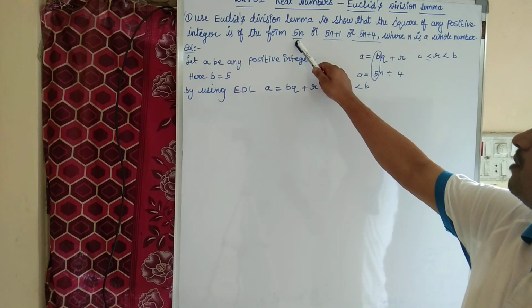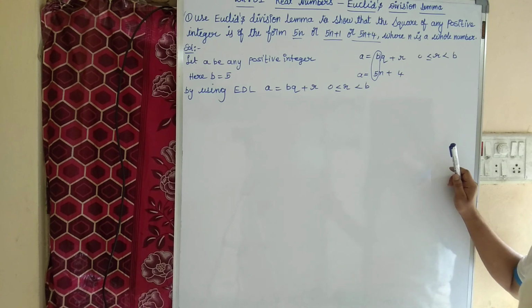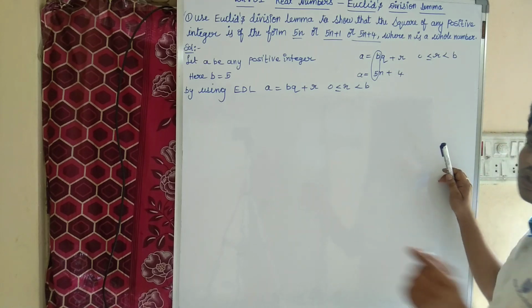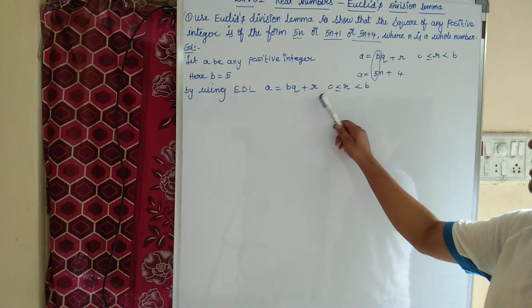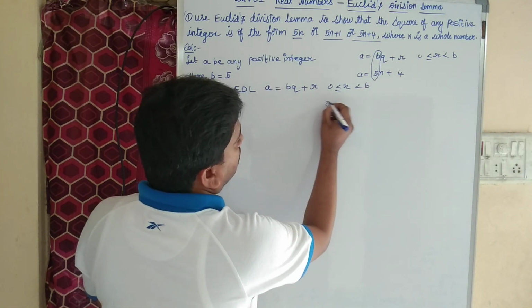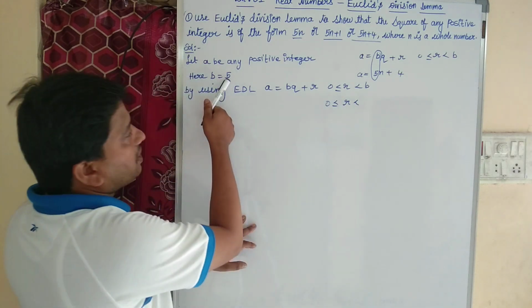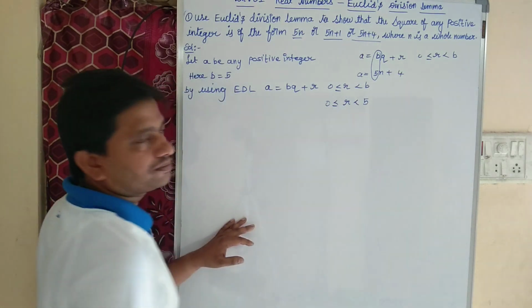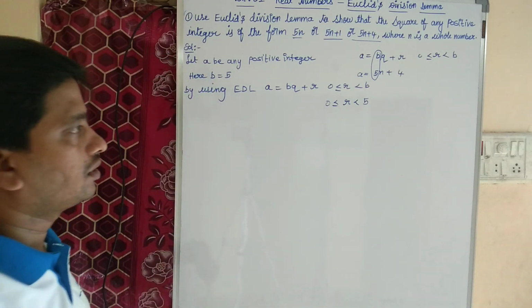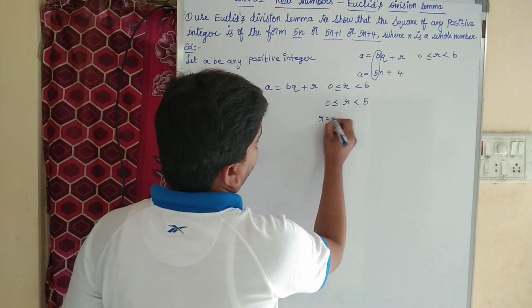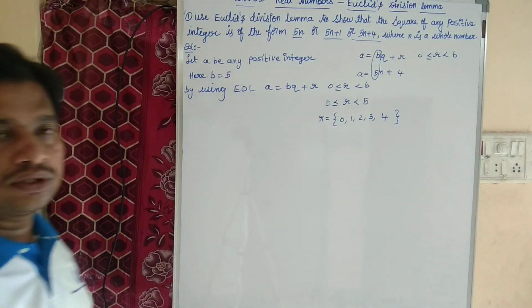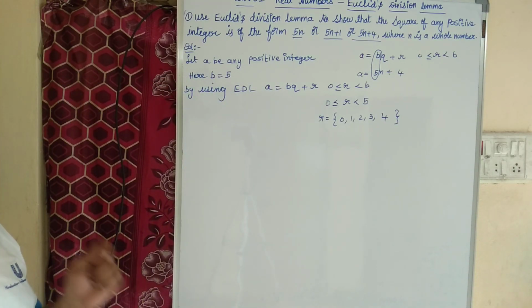Here it should be in the form of 5n plus 1 or 5n plus 4, which is in the form of bq plus r, where the value of b is 5. So by using EDL, the remainder must be less than 5. I mean r takes the values 0, 1, 2, 3, 4.